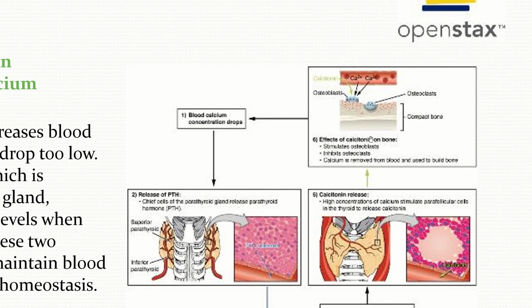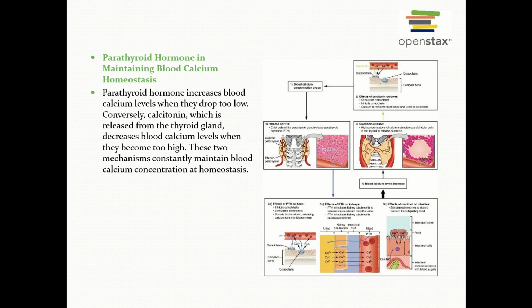So we're going to deposit bone. It will inhibit osteoclasts, so we're not breaking bone down anymore. And then calcium is removed from the blood and used to build bone. So this cycle will continue as long as it maintains homeostasis.